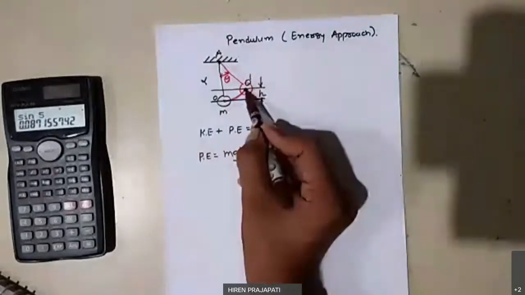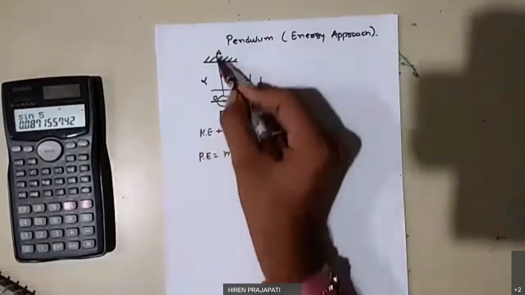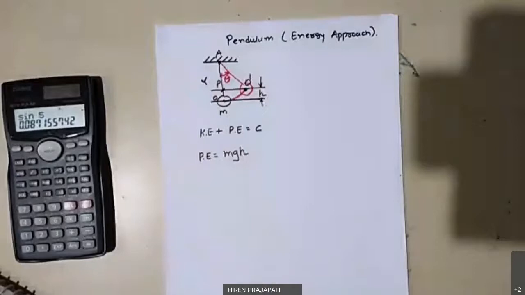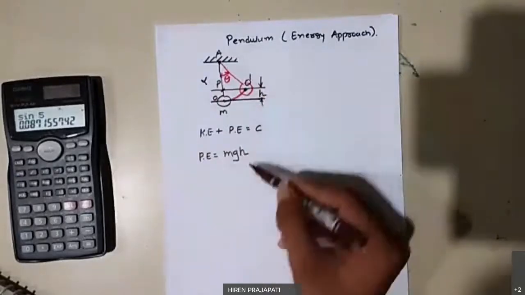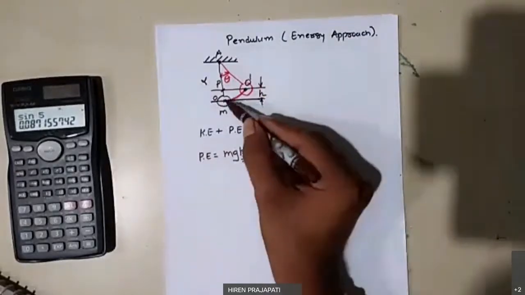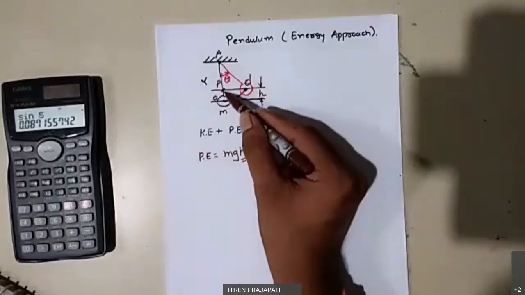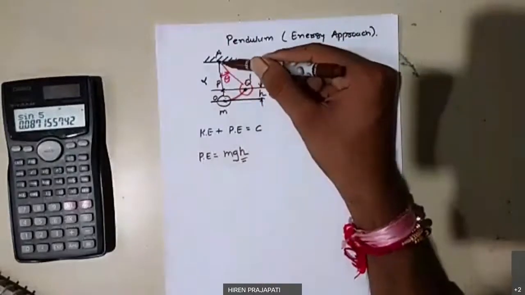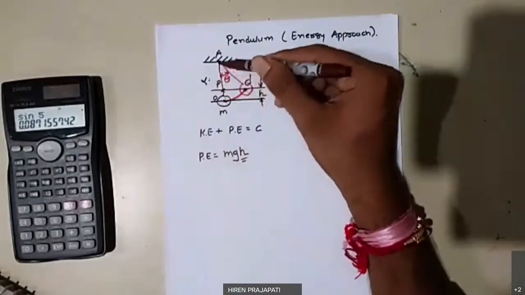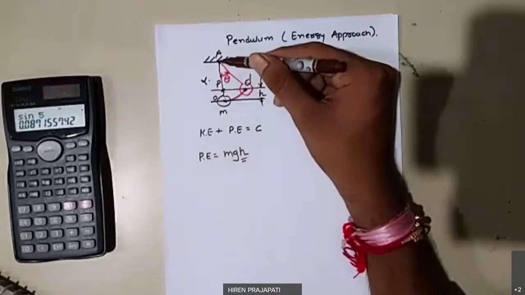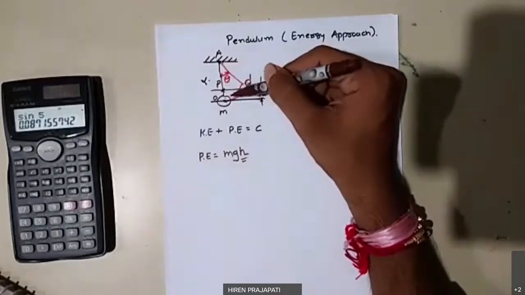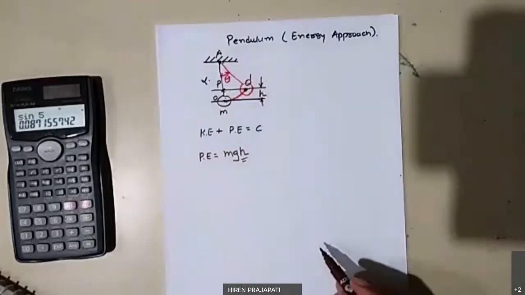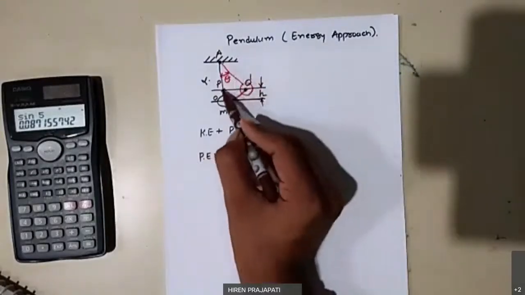If I project this O dash on this line OA, then I get some point P, suppose, right? Now what I want to find is h. So h is nothing but the distance OP. How to find the OP distance? Again the same approach: OA is nothing but L. From OA, if I subtract AP, then we can find OP, which is h here, right? So we have formed a right angle triangle.